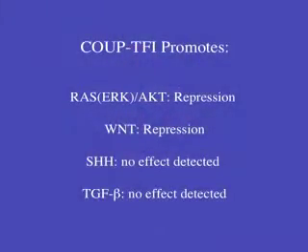And these include the RAS and AKT signaling pathway, the Wnt signaling pathway, the sonic hedgehog pathway, and the TGF-beta pathway. We didn't see an obvious effect on either the sonic hedgehog and TGF-beta pathways, but we saw repression of both the RAS-AKT pathway and the Wnt pathway.